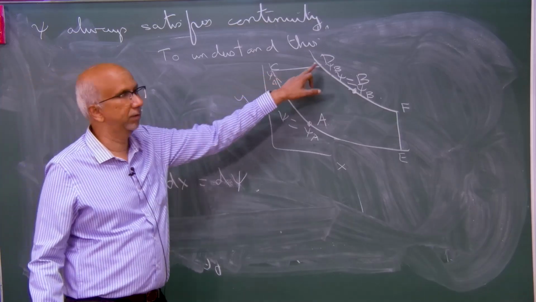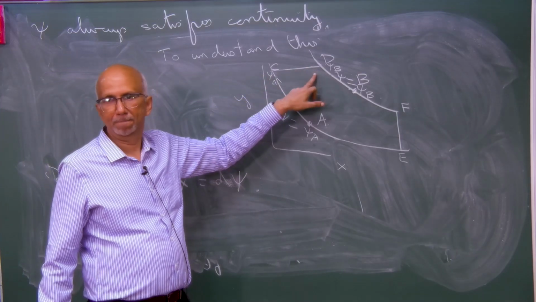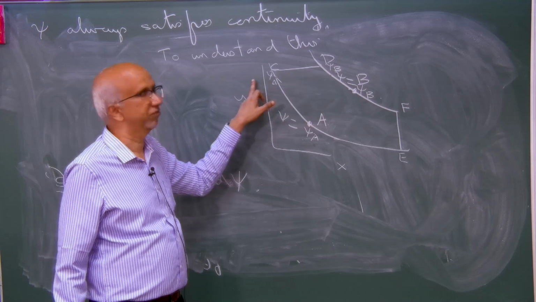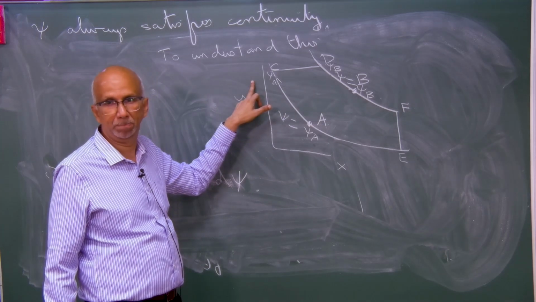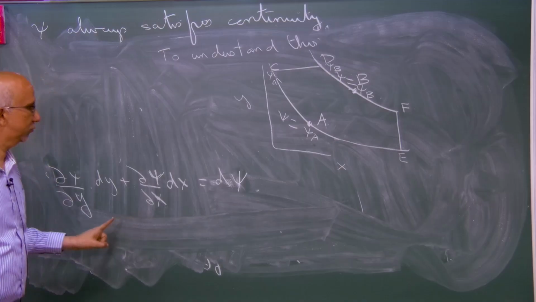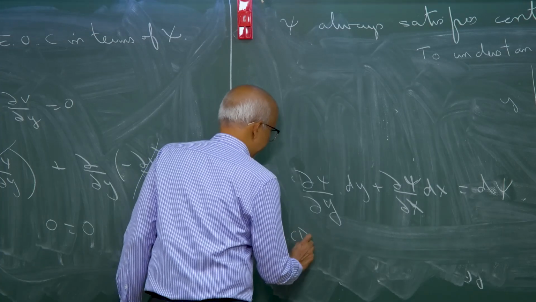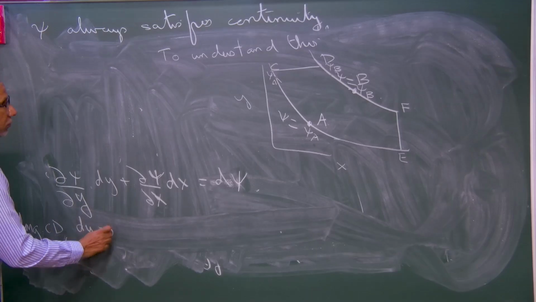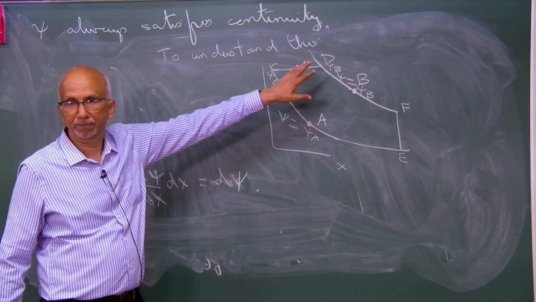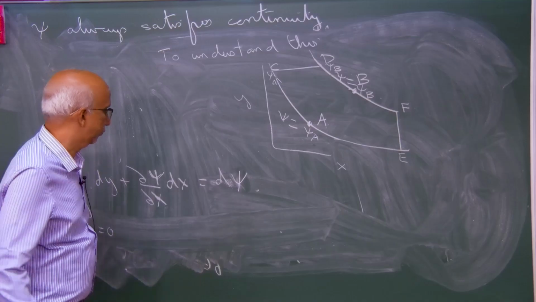Along CD, y is constant, y is not changing. So, dy has to be 0. So, along CD, dy is 0, there is no change in y, only x is changing. So, what do I have?